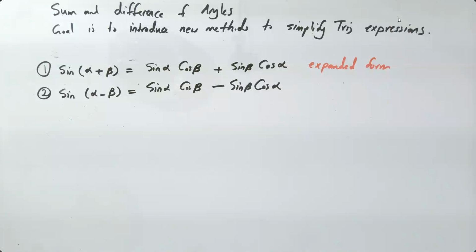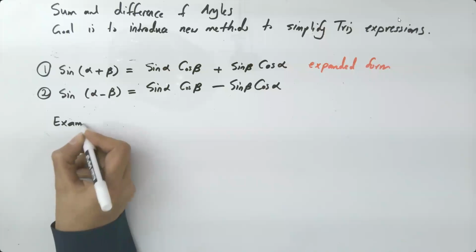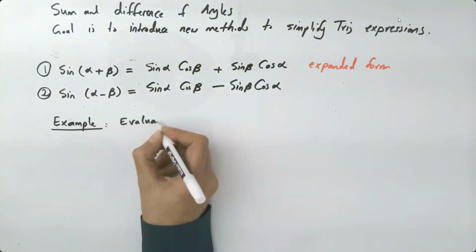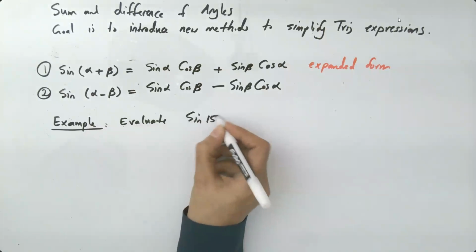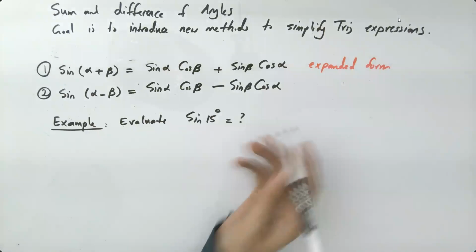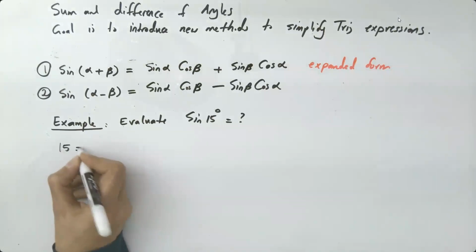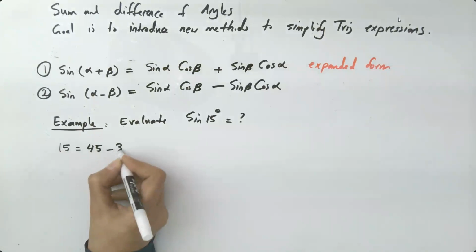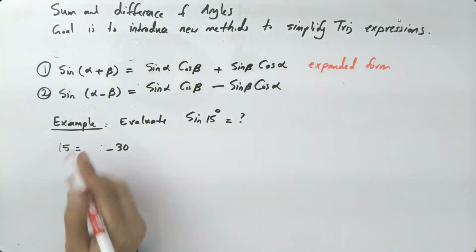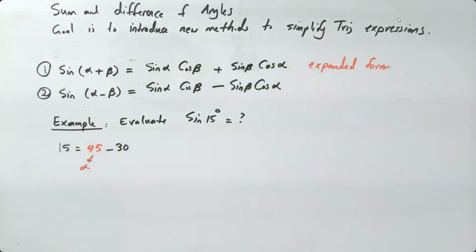Okay, a very nice example here is if I ask you to evaluate sine of 15 degrees. What is 15 degrees? Okay, very good. From algebra, we know that 15 can be written as 45 minus 30. Very good. It wasn't that hard. So 45 is going to be your alpha, and 30 is going to be your beta.